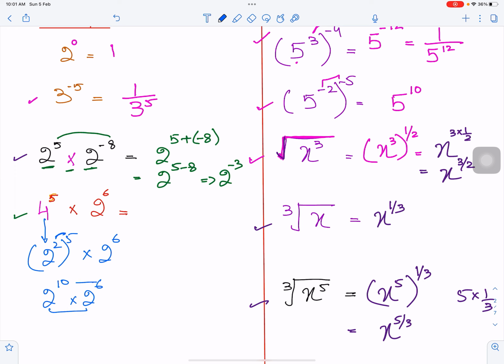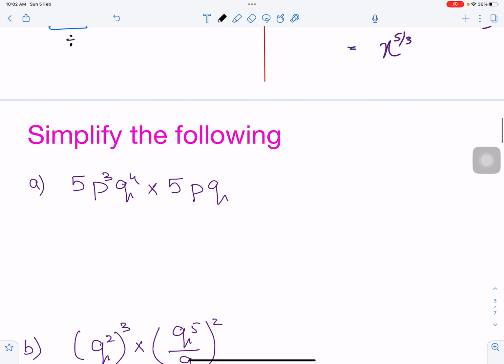So powers will add up. 10 plus 6, which is 16. By the way, if I had a division sign here, then these powers would be subtracted and my answer would be 2 power 4. Right?